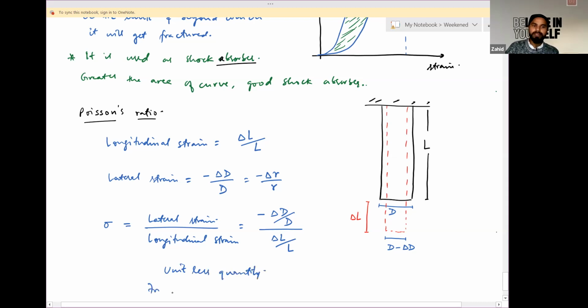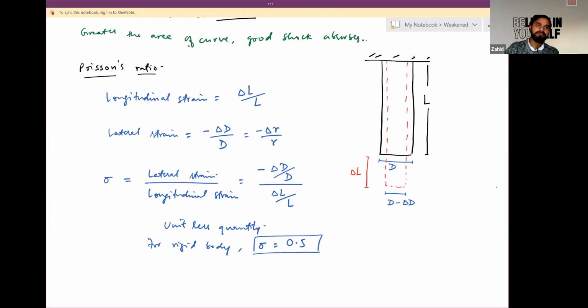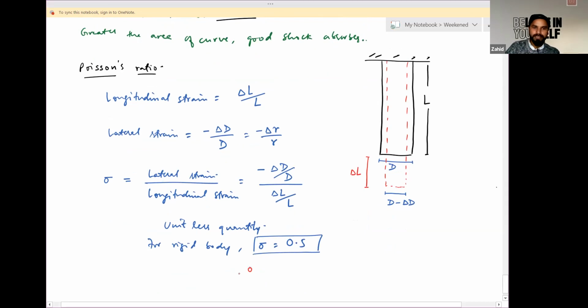For a rigid body, sigma equals 0.5. There are some theoretical and experimental values related to this. Sigma lies from 0 to less than 0.4, and from minus 1 to less than 0.5.